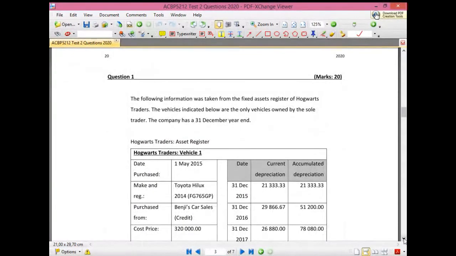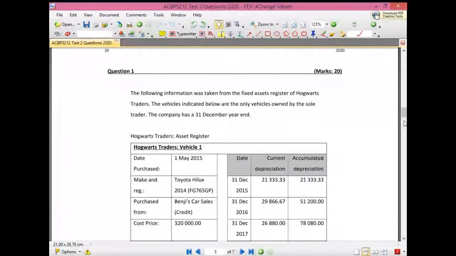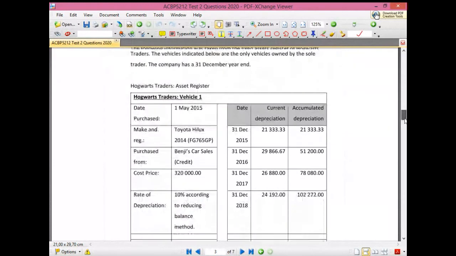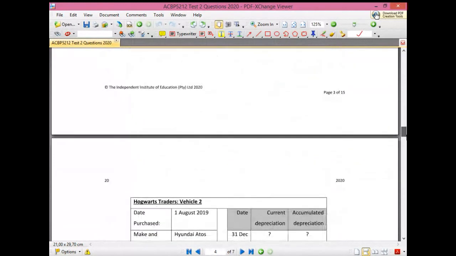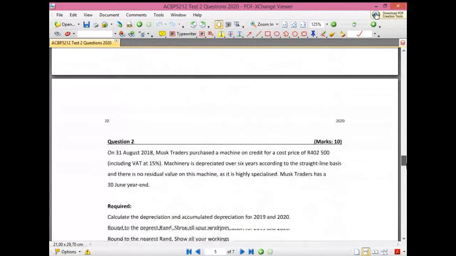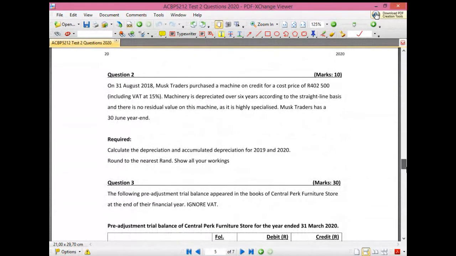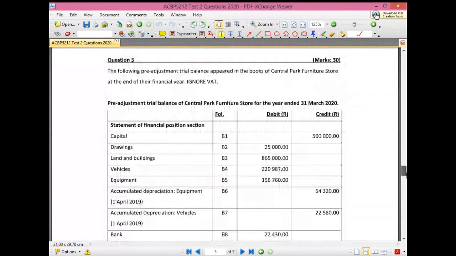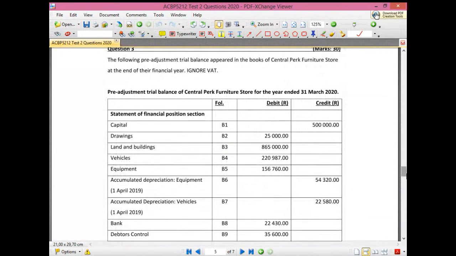Question one was 20 marks, which focused specifically on depreciation. Question two also looked at depreciation, and also had asset disposal. Question three was your financial statement disclosure.